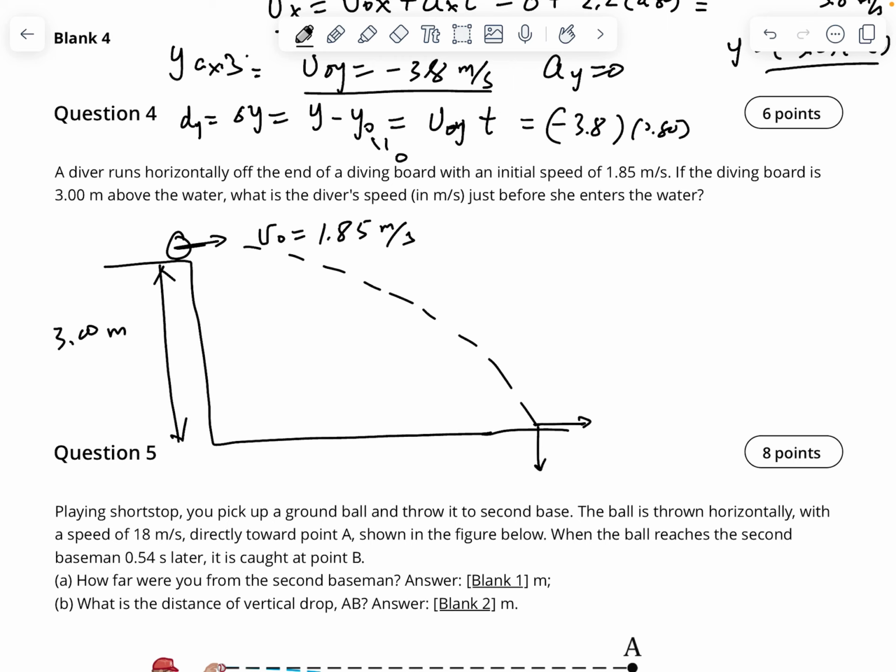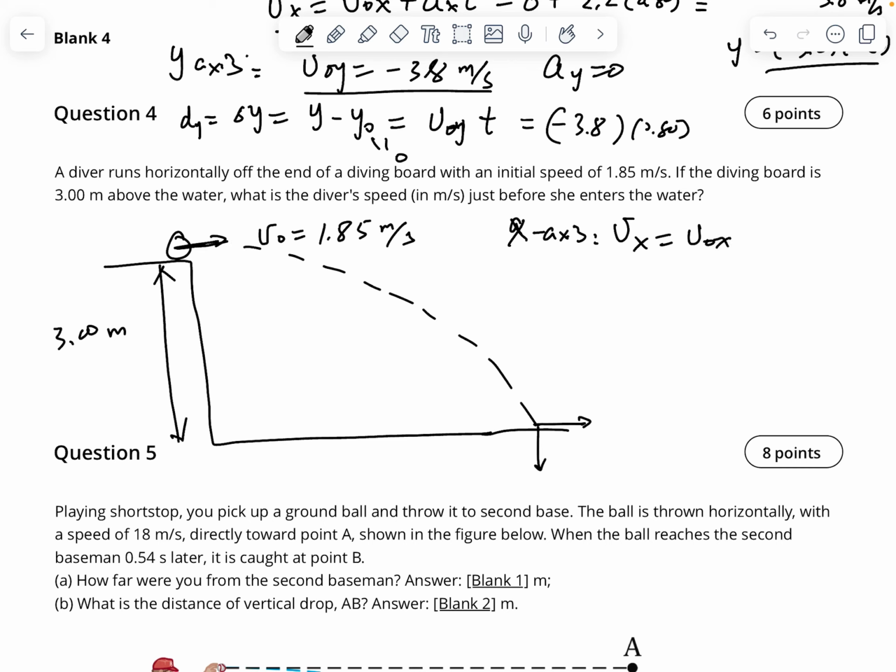Right, speed will have a horizontal and a vertical component, right? Okay, all right, so here, same thing, we break it down into two-dimensional motion. And we only need to figure out the speed, right? Well, we know in the x-axis, this is motion with constant velocity, right? So Vx equals Vox.